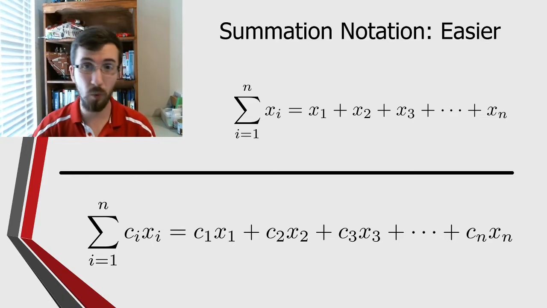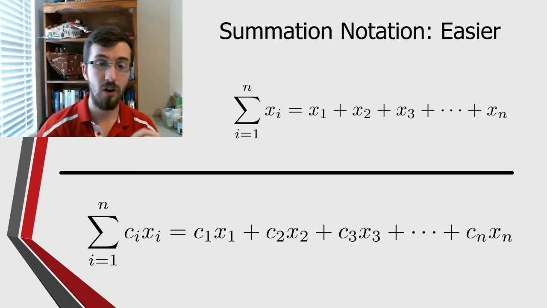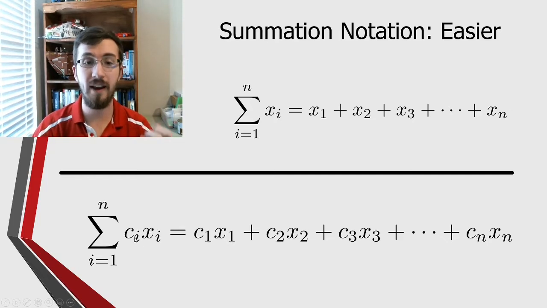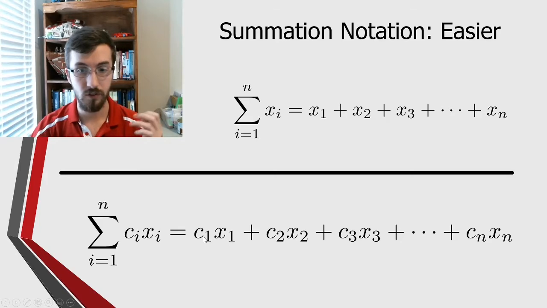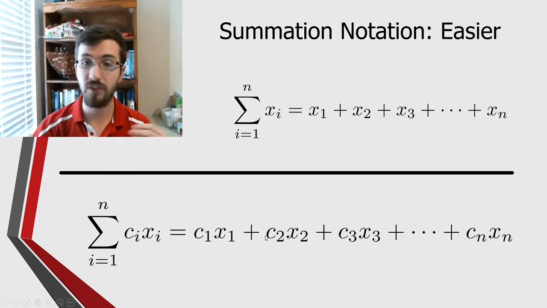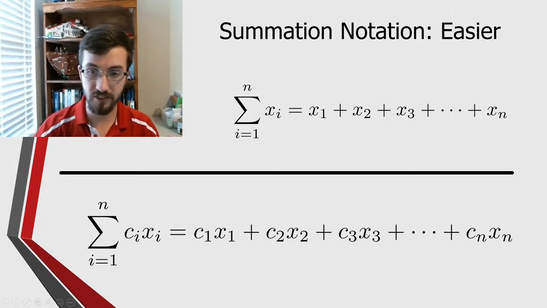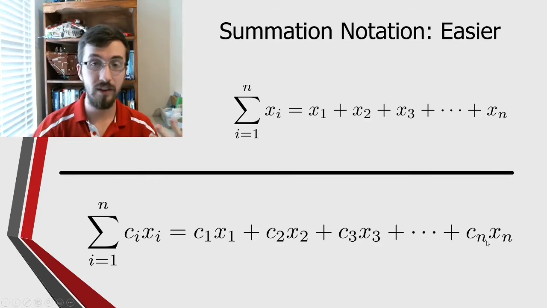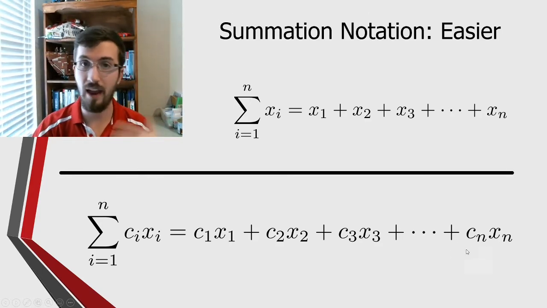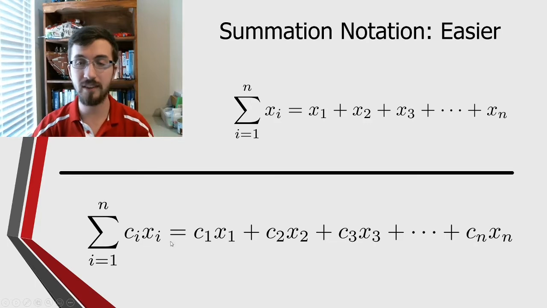Maybe 5x1 plus 4x2, something like that. We don't know what it is. It doesn't matter. All we're told is it's indexed by i the same way that x is. And so we're going to just sum it up. So c1x1 plus c2x2 plus c3x3 and so on to cnxn. And there we go. That's exactly what that means, and that's how we do it.